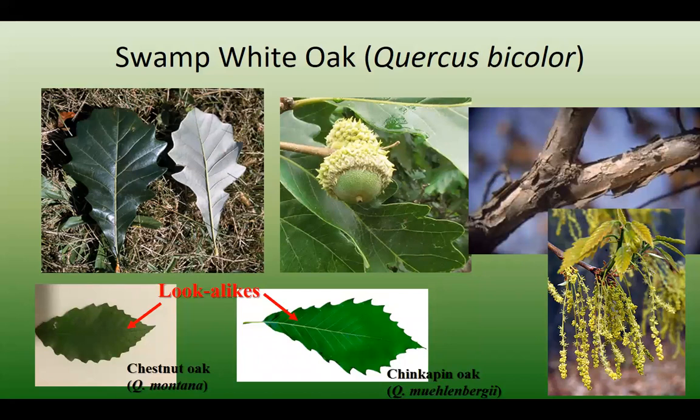Without lobes, I find it's quite easy to confuse this with a couple of other oak trees, the chestnut oak or the chinkapin oak. But it does actually have a few lobes, whereas the chestnut and chinkapin just have a wavy edge. The chestnut is a smooth wave, and the chinkapin, well, the way I remember it, the chinkapin has chinks taken out of it.